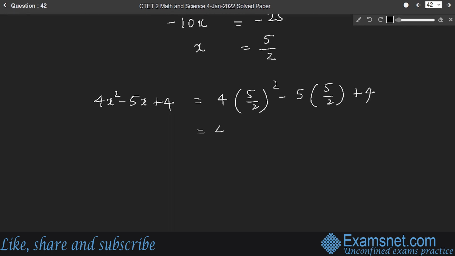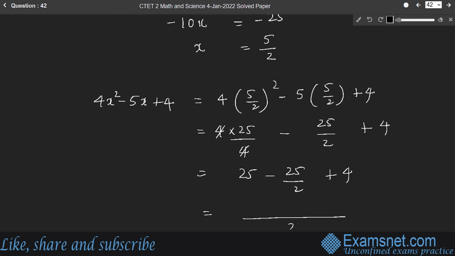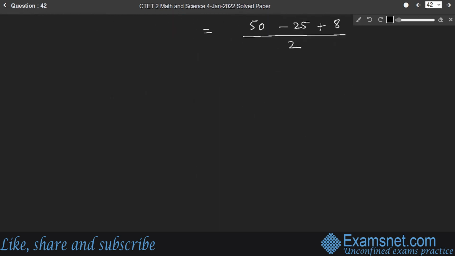That is 4 into 25 by 4 minus 25 by 2 plus 4. 4 will get cancelled. 25 minus 25 by 2 plus 4. So LCM is 2. So it is 25 into 2 is 50 minus 25 plus 4 into 2 is 8. Therefore, it is 25 plus 8.